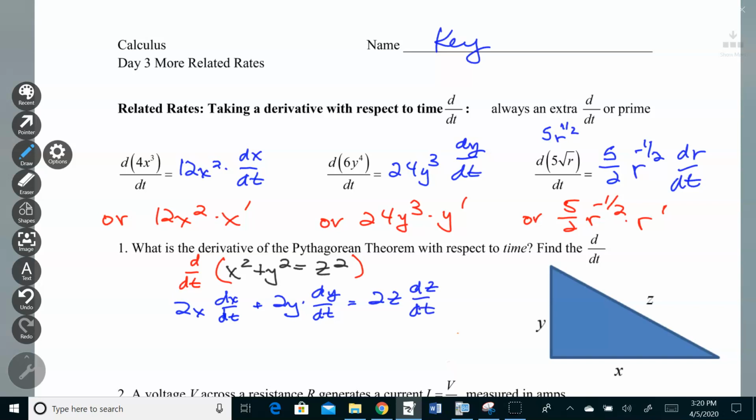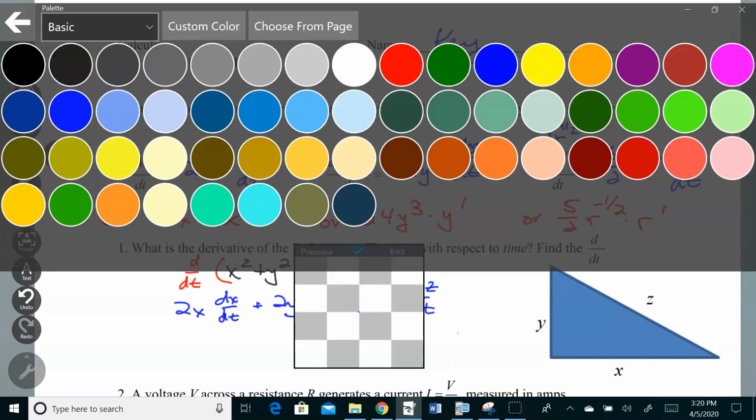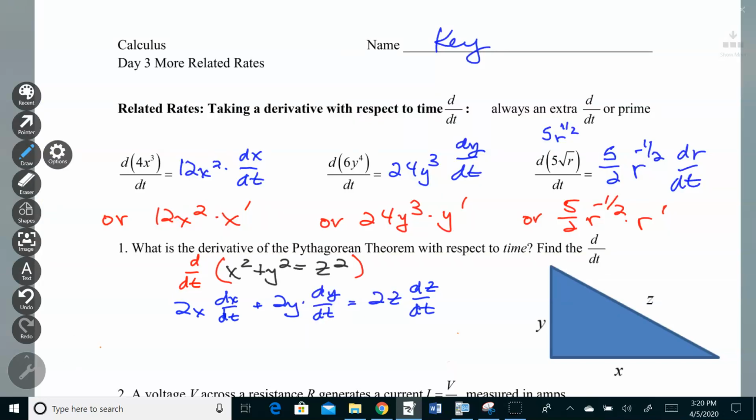If you want to clean it up, I'm going to change the color to orange. I get x dx over dt plus y dy over dt is equal to z dz over dt. This is the derivative of the Pythagorean theorem.